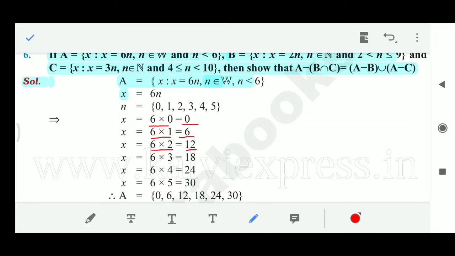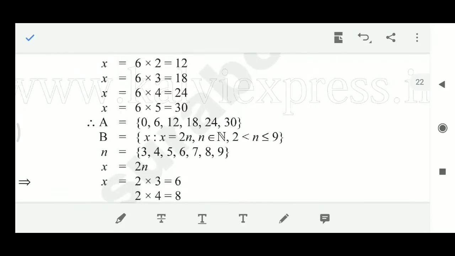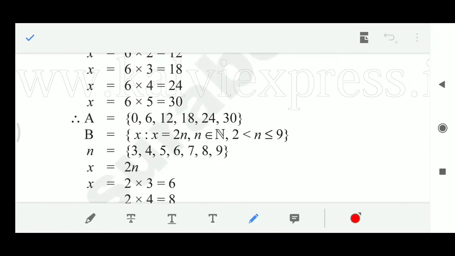If you substitute the value of n as 0 in this 6n, 6 into 0 gives 0, 6 into 1 gives 6, 6 into 2 gives 12, 6 into 3 is equal to 18, 6 into 4 is equal to 24, 6 into 5 is equal to 30. Therefore the set A contains 0, 6, 12, 18, 24, 30.